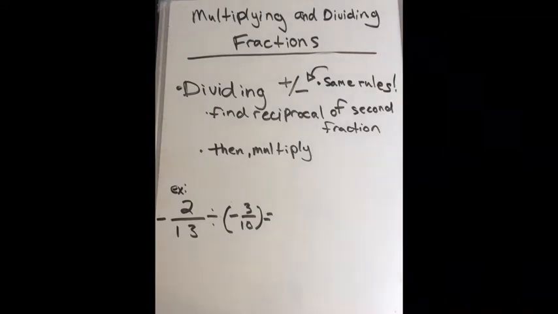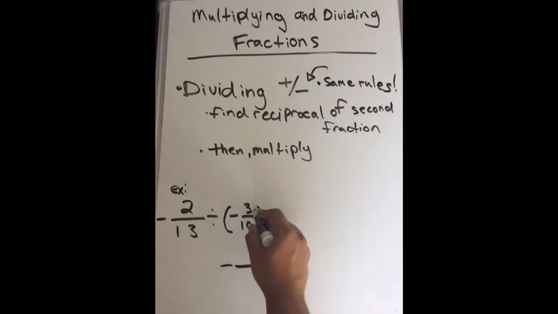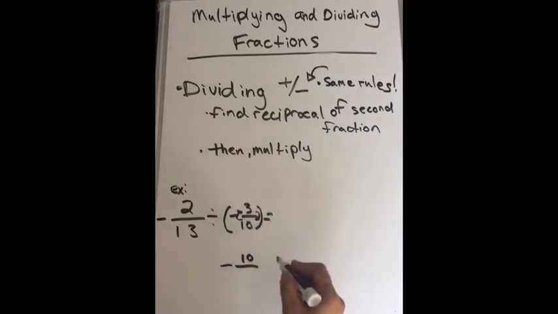In that case, now we must use our dividing fractions rule. So let's first find the reciprocal of the second fraction. The reciprocal of 3/10 is 10 in the numerator and 3 in the denominator. Remember, a negative times a negative makes a positive.